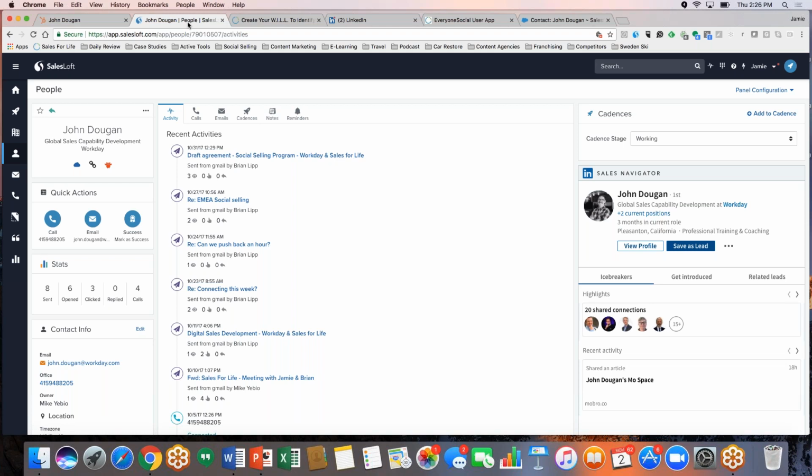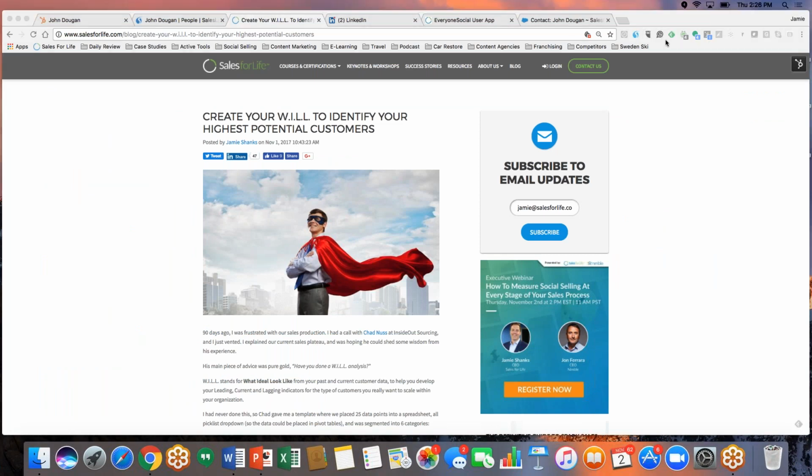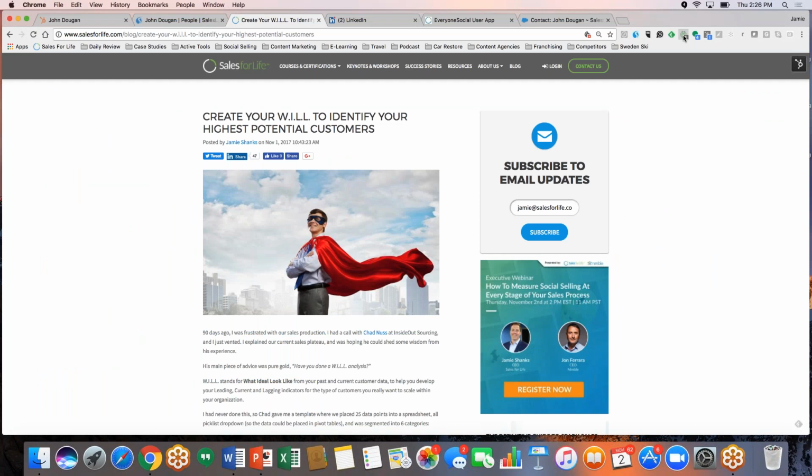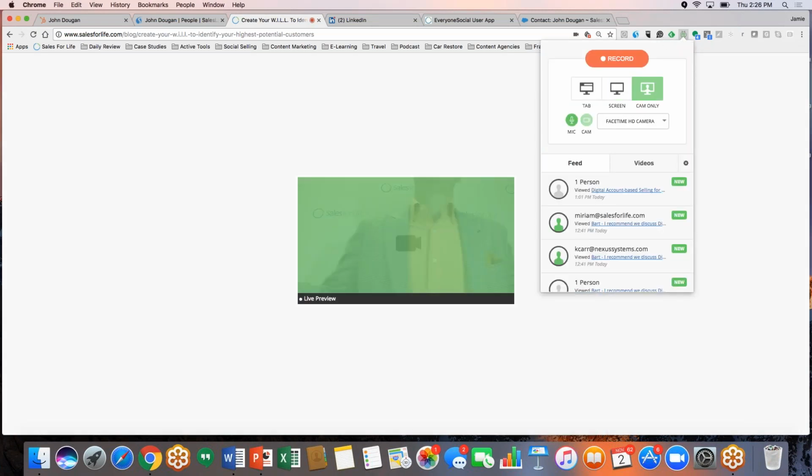So we use this tool as the front end to our engagement process, but we need something intelligent to stay engaged, so there's a variety of things we'll do. My personal favorite in a touchpoint cadence, built right into SalesLoft, is to leverage tools like Vidyard.